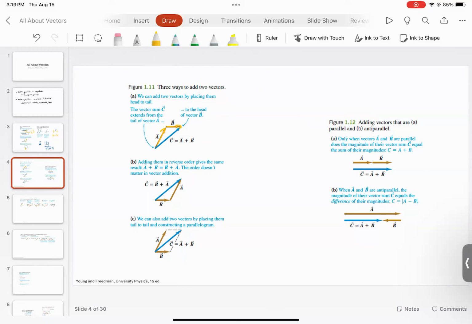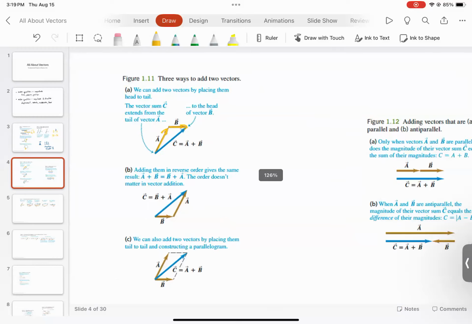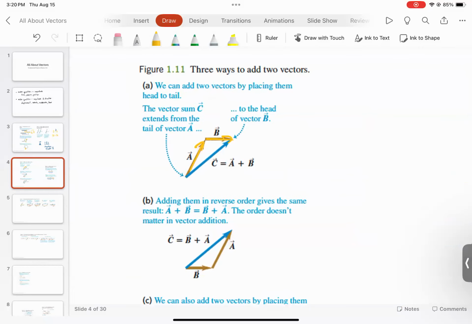To add these two vectors, to add vector A and vector B, mapapansin nyo, we draw vector A first, and then yung buntot ng vector B ay ilalagay natin sa ulo ng vector A. Okay?